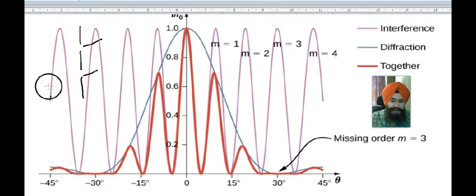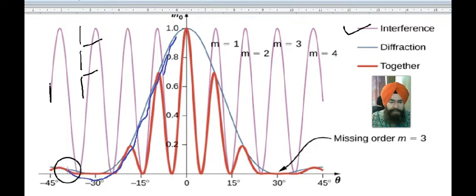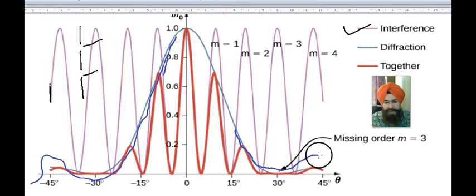Now this violet color amplitudes, they are because of interference. Then this blue color pattern, it is because of the diffraction through the single slit, like this.